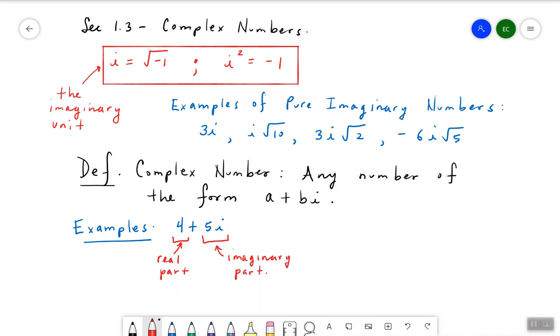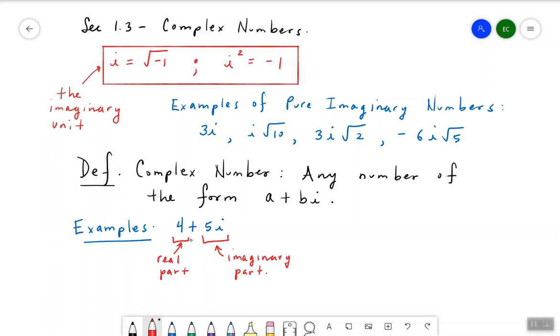It might be worthwhile just to step back and think about what we're saying about 4 plus 5i. 4 plus 5i is a number. It's a special kind of number called a complex number. If you looked at it before today, you would think of it as two separate numbers.